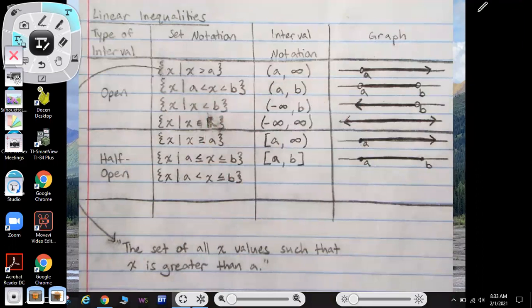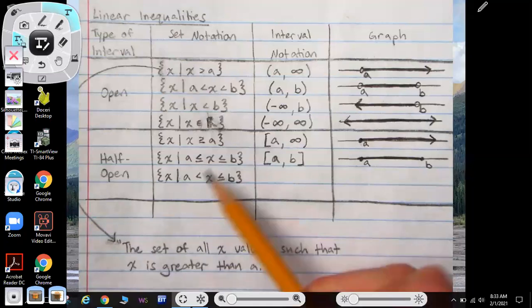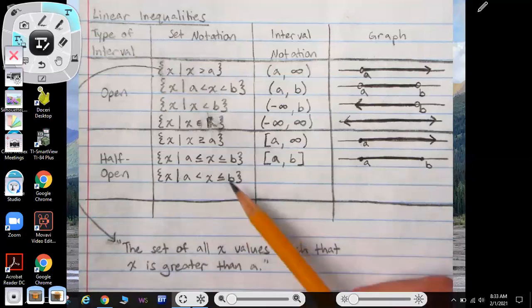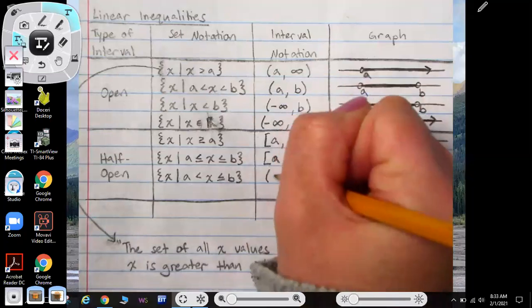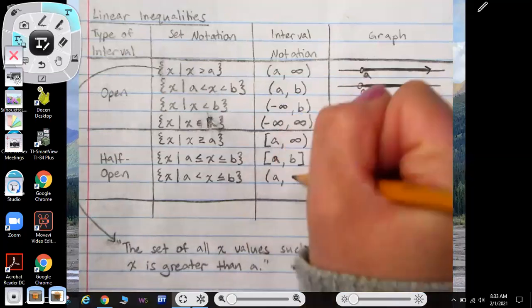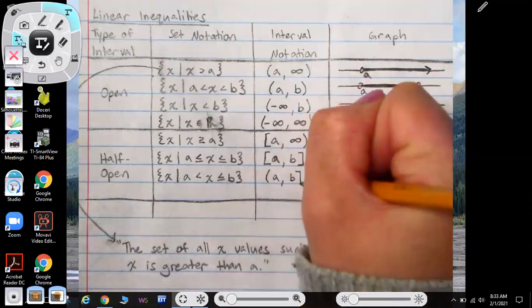But X is less than or equal to B. So we're not including A in our interval, but we are including B. So our interval notation has a parenthesis on the A side and a square bracket on the B side.